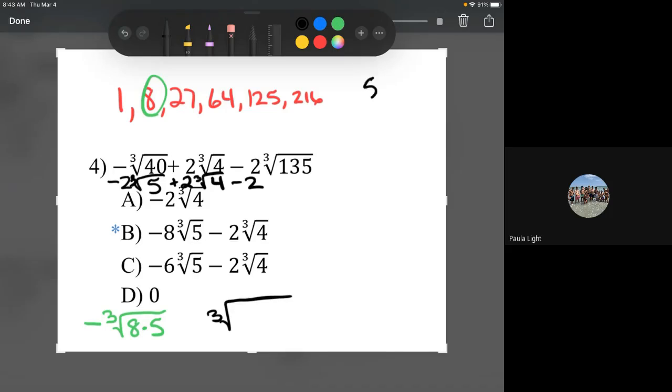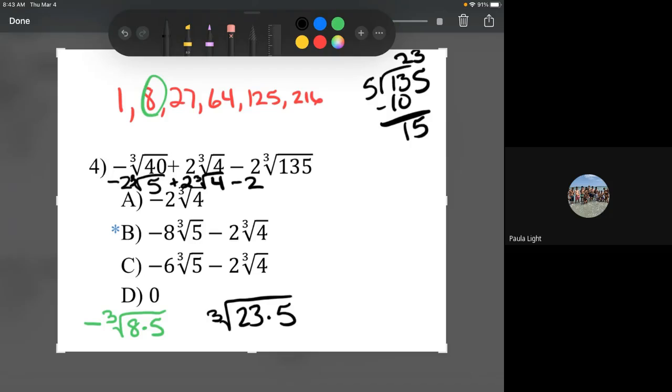Does 5 go into 135? 5 times 2 is 10, 15, 3. So 27 times 5. Is that right? Is that math right? Does 5 go into 135? You guys have calculators. I don't have my calculator up. I should be checking that. Okay.